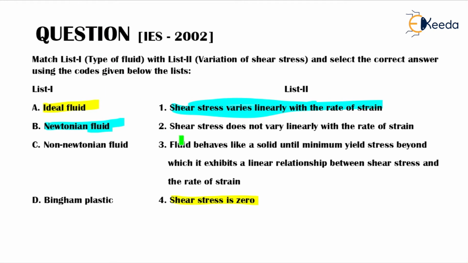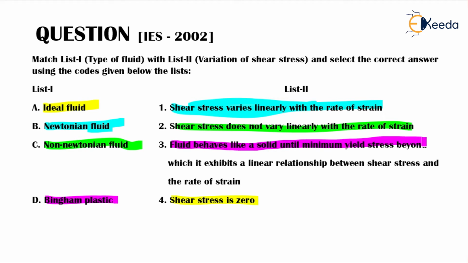Now shear stress does not vary linearly with the rate of shear strain, so this is a kind of non-Newtonian fluid. And then Bingham plastic must be matching with this: the fluid behaves like a solid until a minimum yield stress, that is the tau naught value, beyond which it exhibits a linear relationship between shear stress and rate of shear strain.